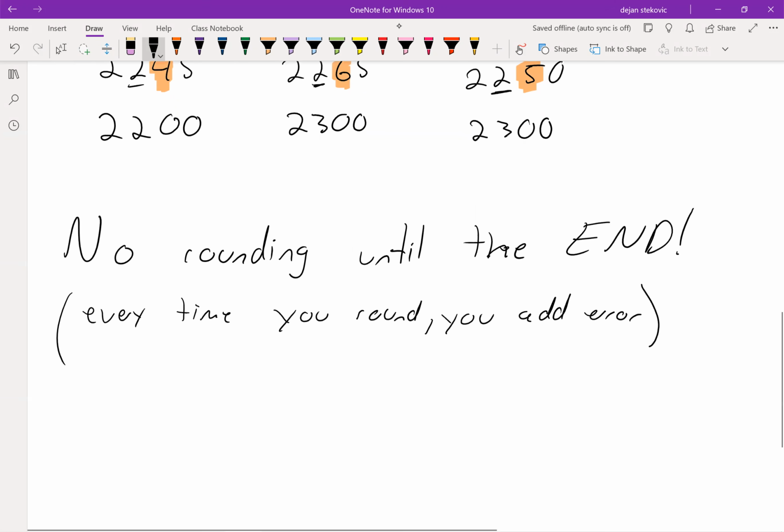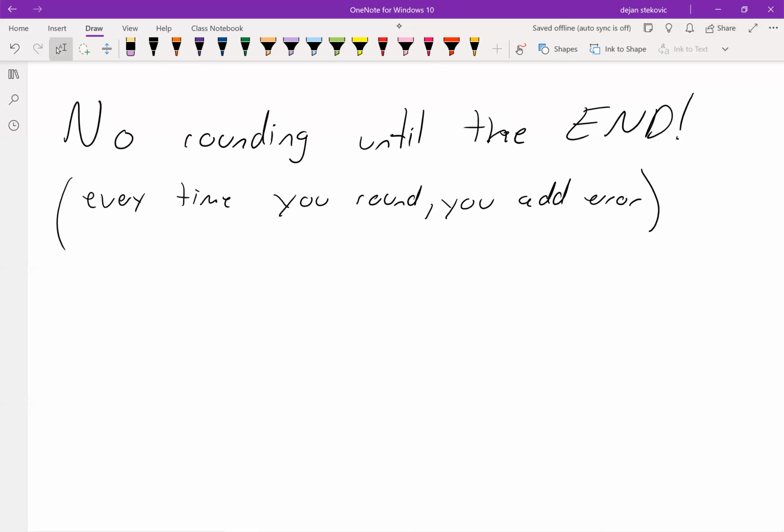The best way to do this is to plug all of your math into your calculator at once, and then copy that number down, figure out which place you need to round to, and then round that number. If you do intermediate steps and do rounding in between, you could end up with the wrong answer.